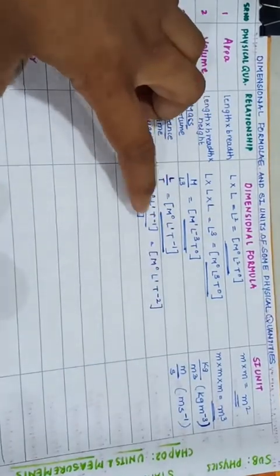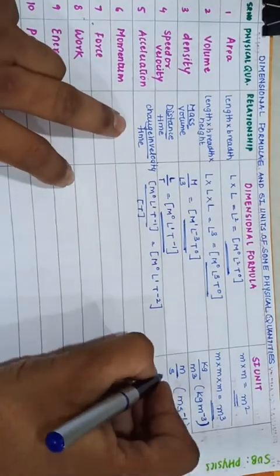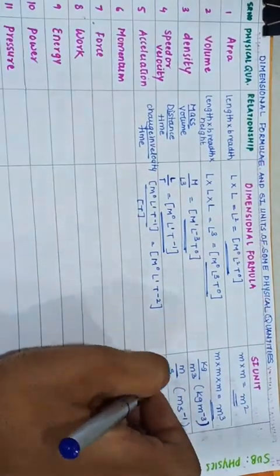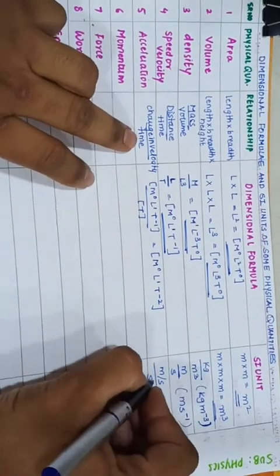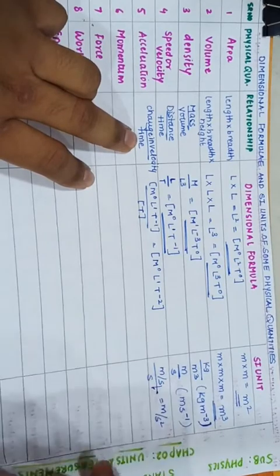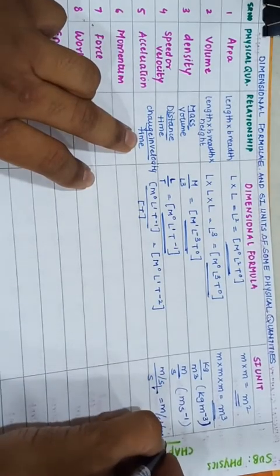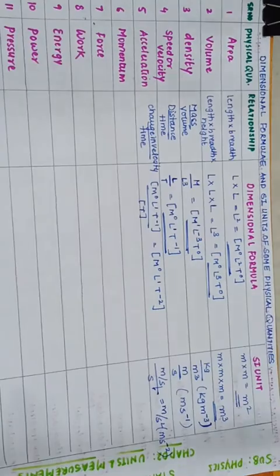Minus 1 was already there, this T1 will move up, it will become minus 1 minus 1, minus 2. Unit change in velocity is meter per second. Sorry, time is in second. This second and second will move down, so it will be meter per second square, written as m s raised to minus 2. Hope till this you are clear.